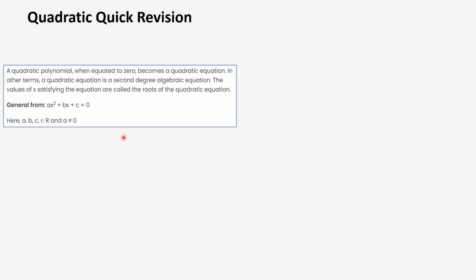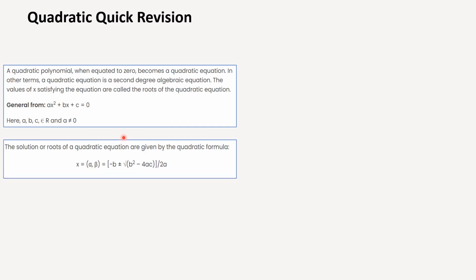For every quadratic equation there will be exactly two roots. To find those roots, we use the formula x = (-b ± √(b² - 4ac)) / 2a.